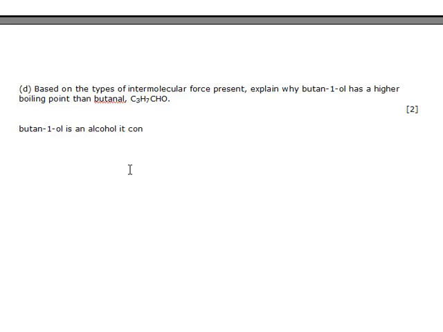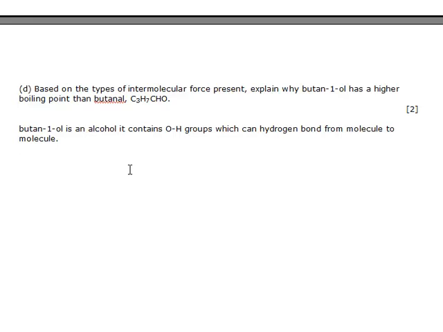It contains OH groups which can hydrogen bond from molecule to molecule. This is intermolecular.